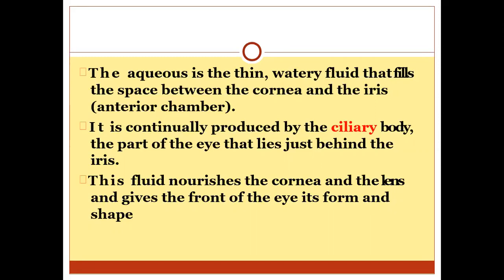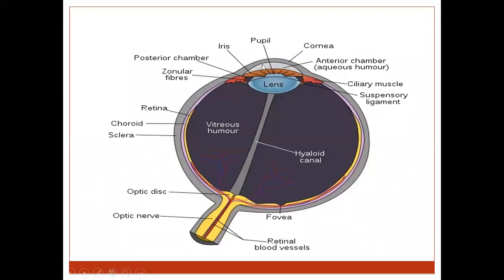So, three things they are telling me. First, it nourishes the cornea and the lens. So, food supply or metabolic requirements are supplied by the aqueous to whom? Cornea and the lens. Second, it maintains the shape of the cornea or eye. We can see this from the outside, the round shape or sphere.